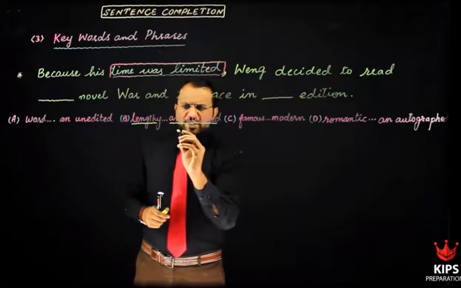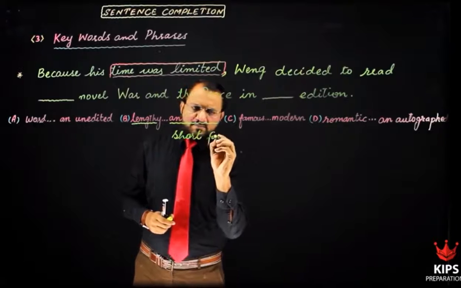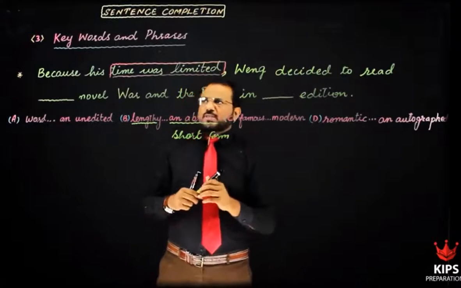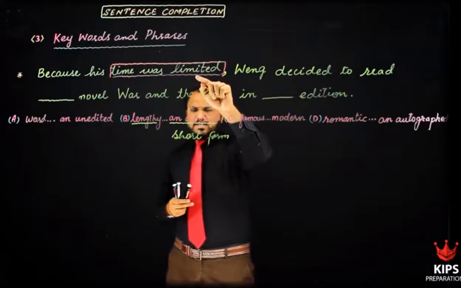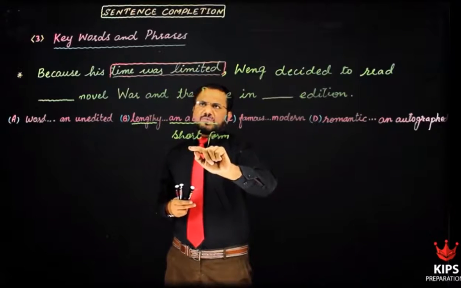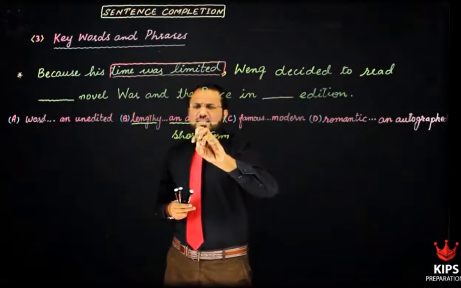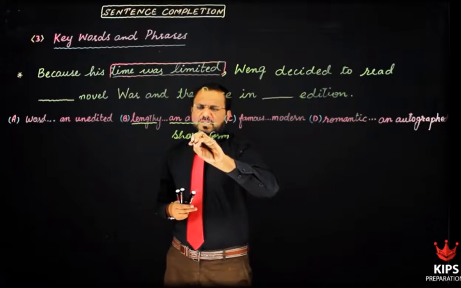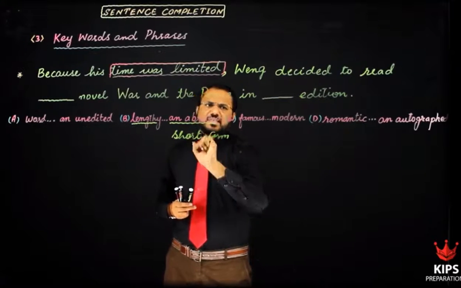Abridged means very short form. So this word limited, time limited, clearly relates to short form, right? When you have limited time, you read the novel in short form, which is abridged form, right? This is how you get an idea.